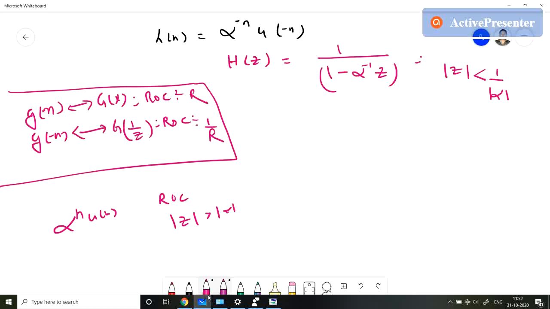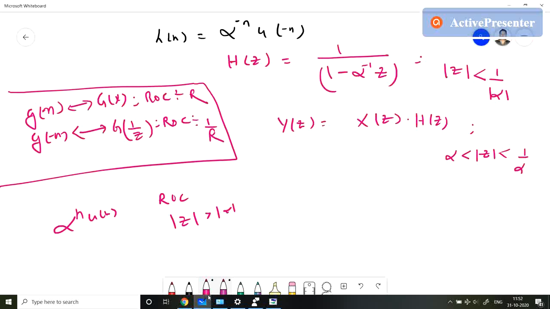Now this is H(z). So what is Y(z)? Y(z) is X(z) multiplied by H(z), and the ROC for this is alpha less than modulus of z less than 1 divided by alpha.